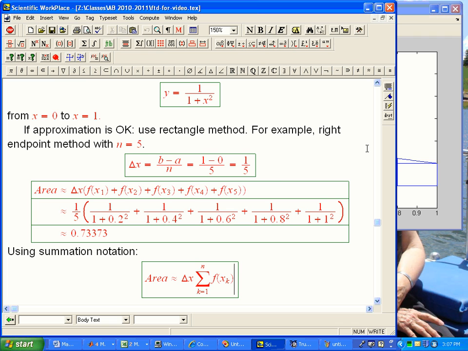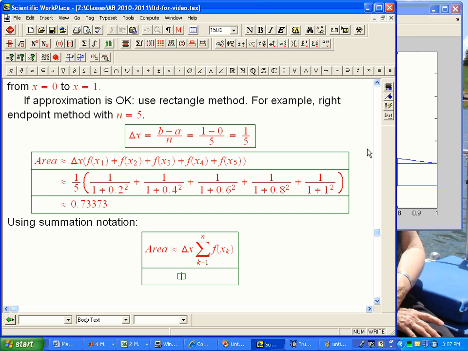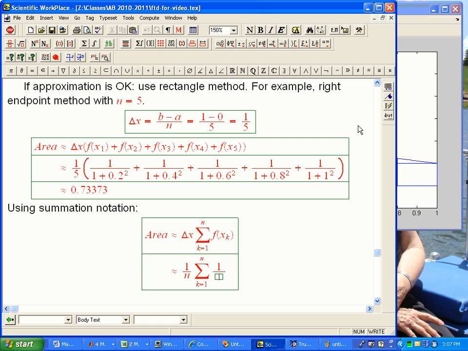That's at least writing it a little nicer. Or in this case, that's going to be 1 over n times the summation k equals 1 to n of 1 over 1 plus xk squared.